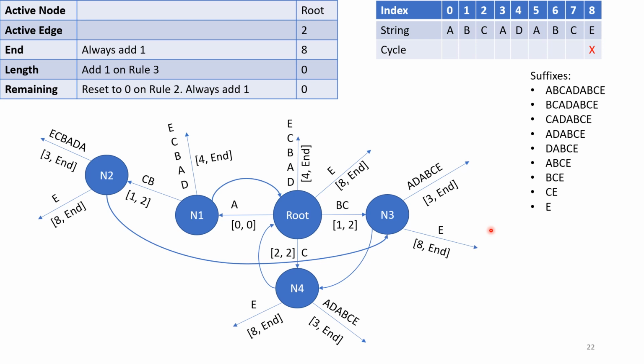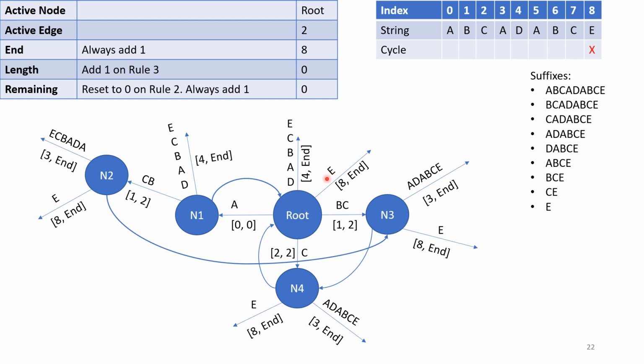So before we even use it, we need to make sure that we actually get the correct suffix tree. So let's say these are all the suffixes possible for this string. So let's see if we can actually find them in the suffix tree. So let's start with the smallest. Start with E. So from root, do we have E? We do.